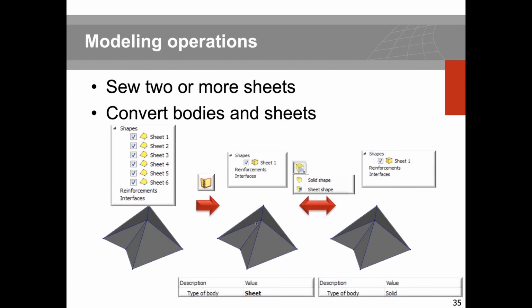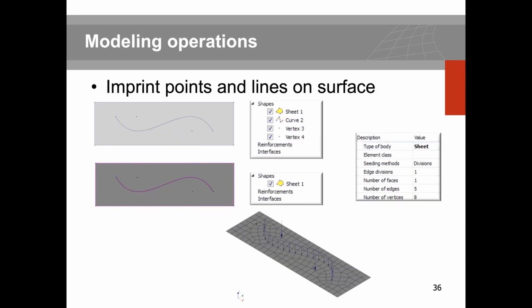So these are very nice and powerful features. For any operation in the model with respect to the loads and boundary condition, you can use imprint options to have the trace and track of the imposed loads or boundary condition acting on your reference geometry.